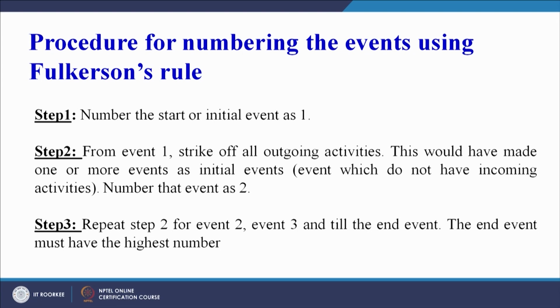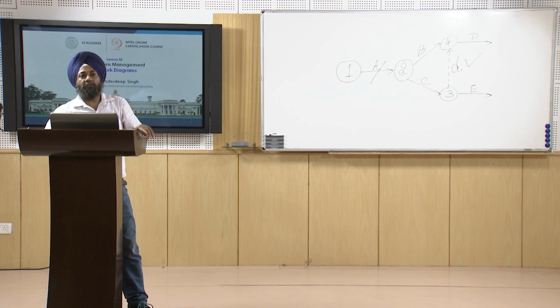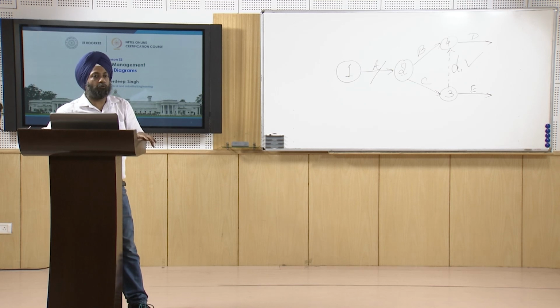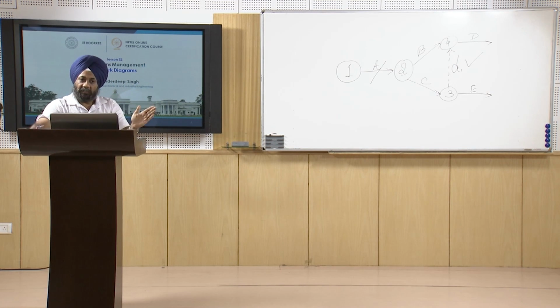Repeat step 2 for event 2, then event 3. Step 2 means striking off the activities or arrows coming out of the events. You repeat that step sequentially, and every time you will get at least one or two events in which there are no arrows entering but only activities starting from that event, and keep on numbering those events in a serial manner.